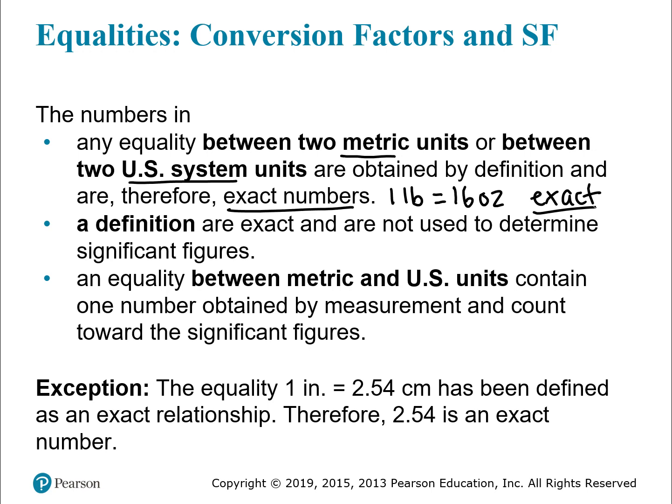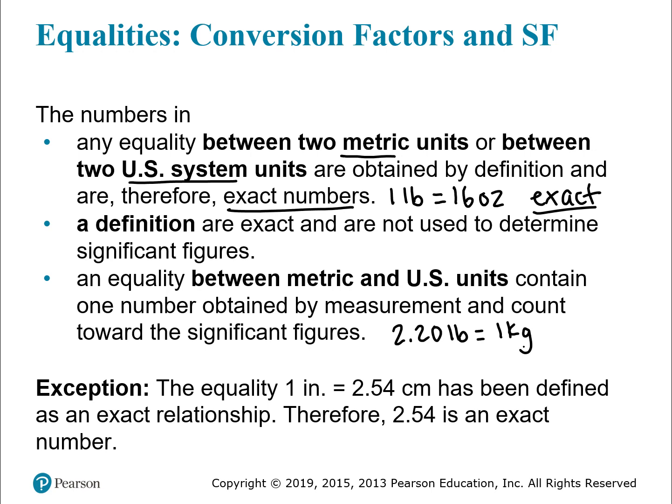Definitions are also exact. So defining what something is, that's an exact number. But if you have an equality between the metric and the US system, so let's say 2.20 pounds is equal to 1 kilogram, then you're going to have one number that's obtained by measurement and then the other one that is exact.